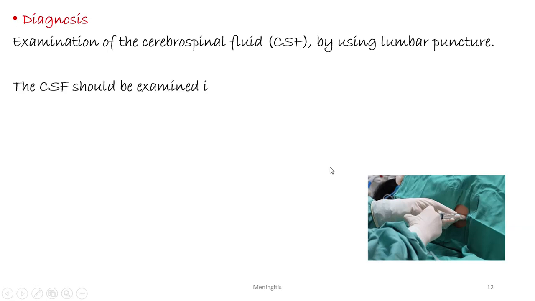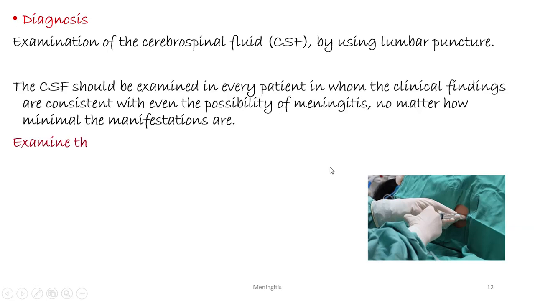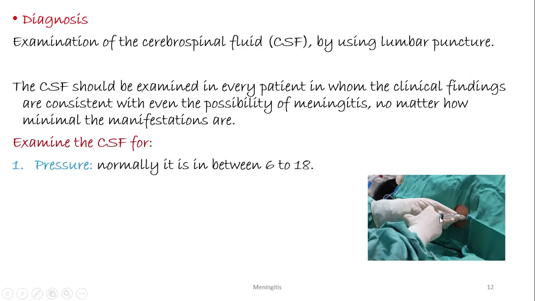The CSF is to be examined in every patient in whom the clinical findings are consistent with even the possibility of meningitis, no matter how minimal the manifestations are. Now you have to examine the CSF for, first, the pressure. Once you take out the CSF, at this point you can measure the pressure.